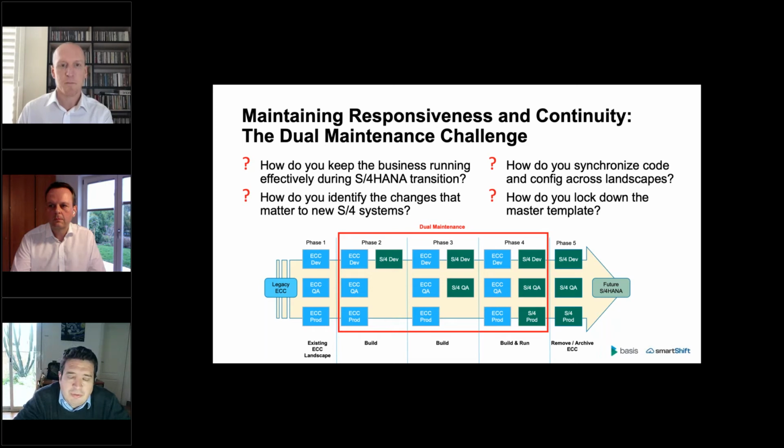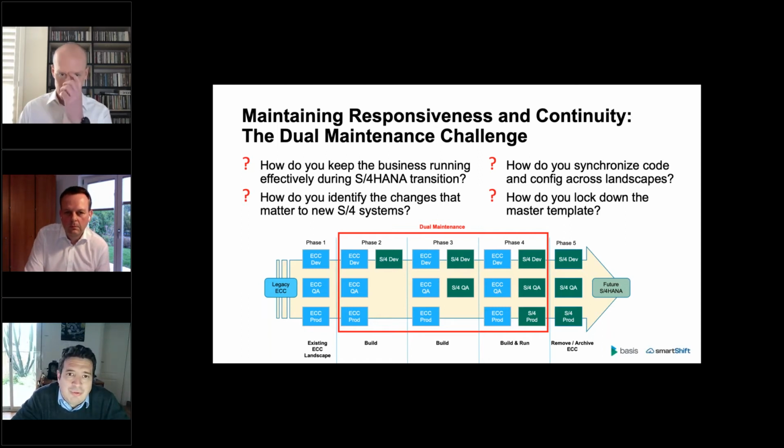To be honest, regardless of which path you take on the transformation, there will be a period after you've created your S4 development system, and as you're building out the functionality, as you're doing the custom code remediation, as you're deciding how to address simplification items or how to set up the new S4 system, all the way through until the point here in phase 5, when you're fully up and running on the new S4 landscape, there will be a period of time, and that could be anything from as short as 6 months up to multiple years, during which these two ECC and S4 landscapes will be operating in parallel.